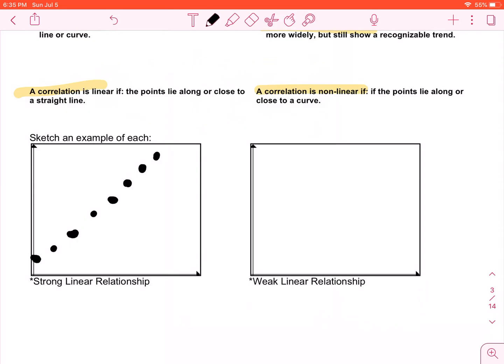Okay? If it is a weak linear relationship, what you'll notice about this is the points are a little bit more dispersed. They're further away from a centered line that could be created, but we can still tell that it's increasing in this case.